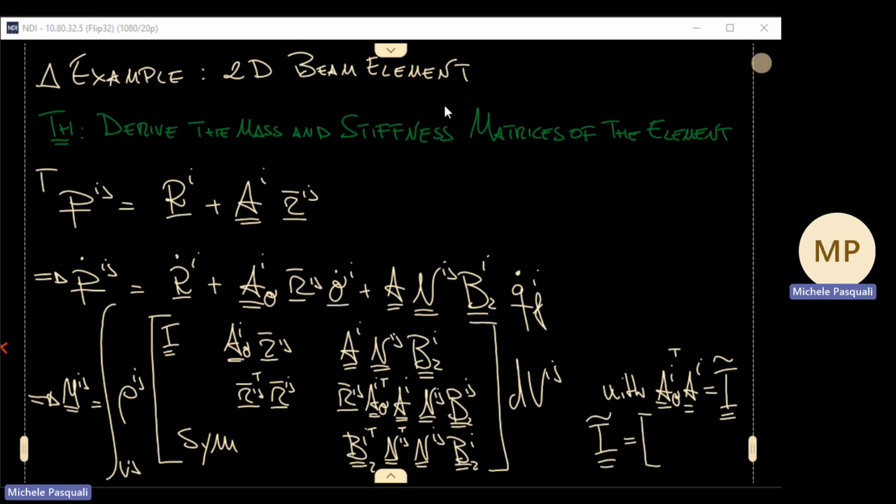In this case, it is 0, -1, 1, 0. So we denote it like this. So basically, this part here, we can denote it as I.